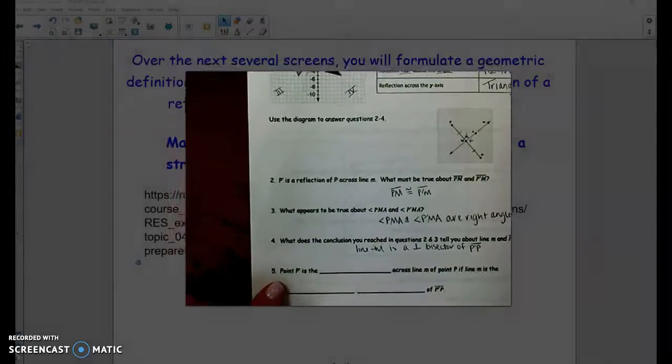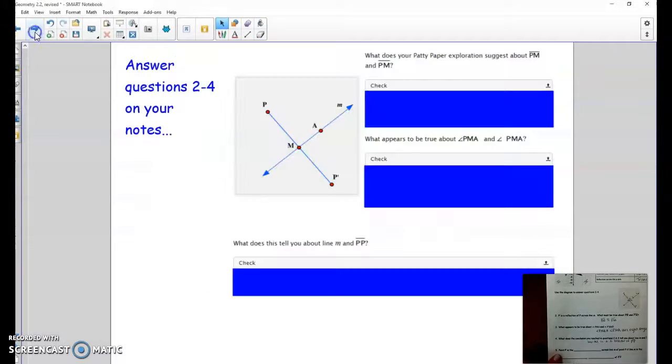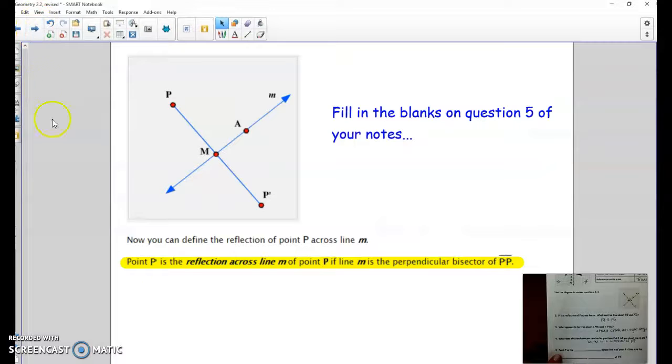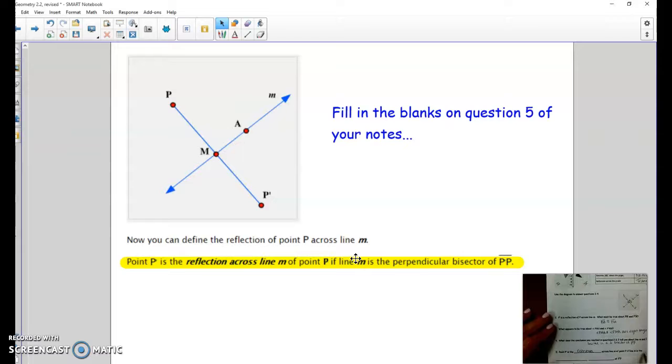So now let's look at filling in number 5 of our notes. So here is the definition of a reflection, and you can fill in the lines based on this statement right here. Point P prime is the reflection, that's your first blank, reflection, across line M of point P if line M is the perpendicular bisector of segment P prime P. So is the perpendicular bisector.